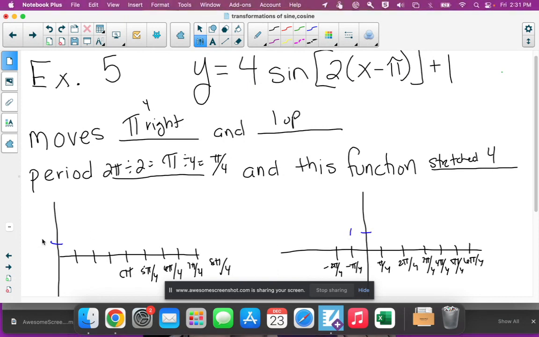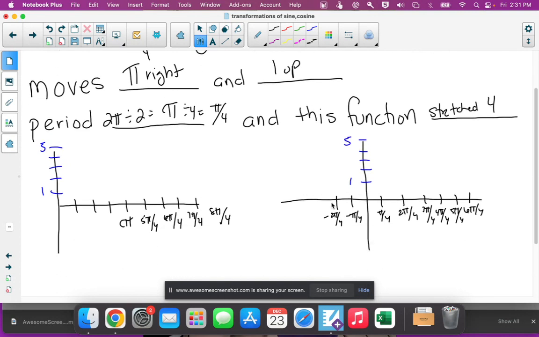And it's going to go 4 above and 4 below that. So 2, 3, 4, 5. And to the bottom of that is going to be 0, 1, 2, negative 3. Okay, that's all I really need as far as markings on my graph.